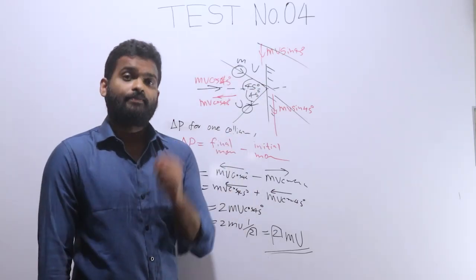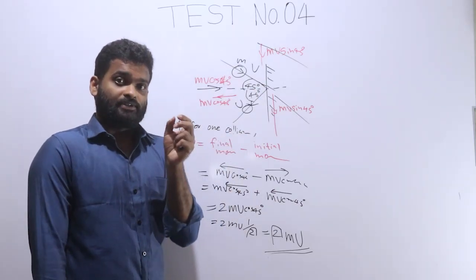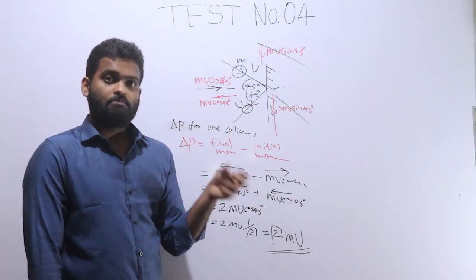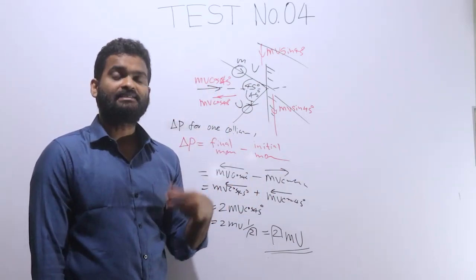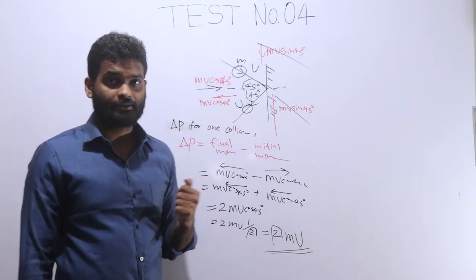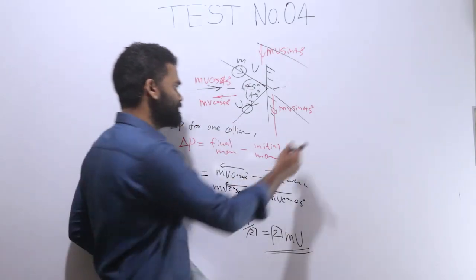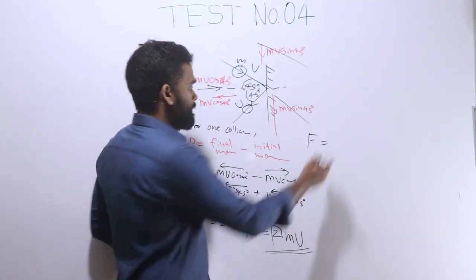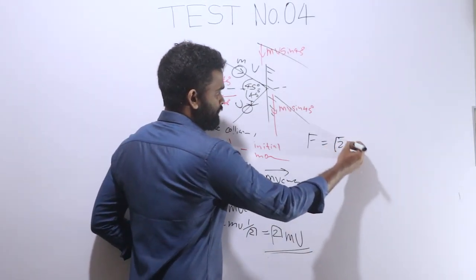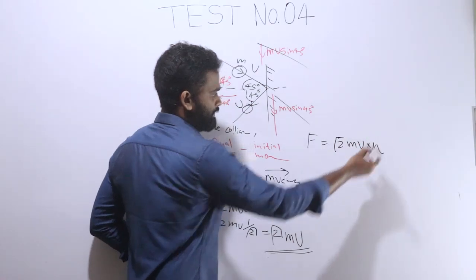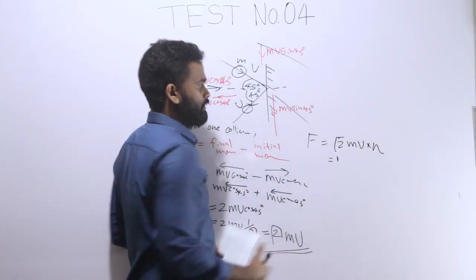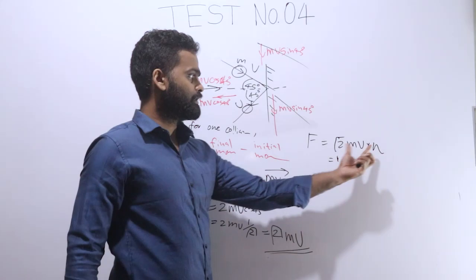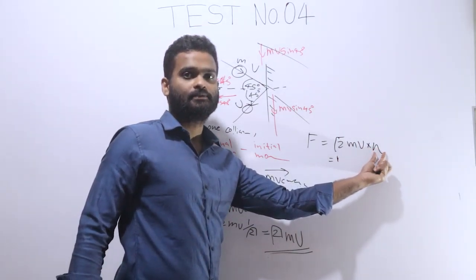Then they say n number of collisions occur on the wall per second. Per second means that is going to be a rate. So the force due to these collisions should be root 2 mv times n. This is for one collision, and this is for n collisions.